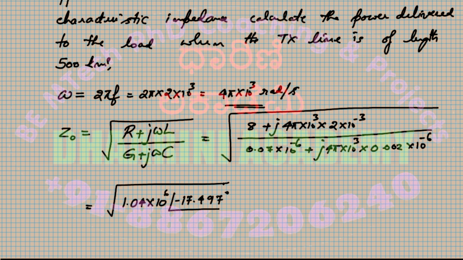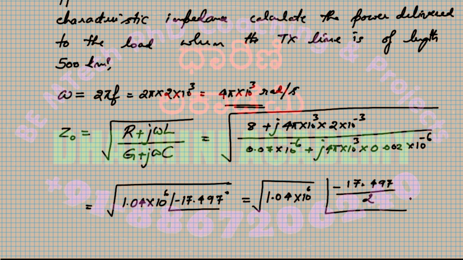Whenever you have a square root, in the r theta format the r becomes root of r. You have to calculate only root of 1.04 into 10 to the power 6. And the angle, whatever you have, minus 17.497, divide that by 2.